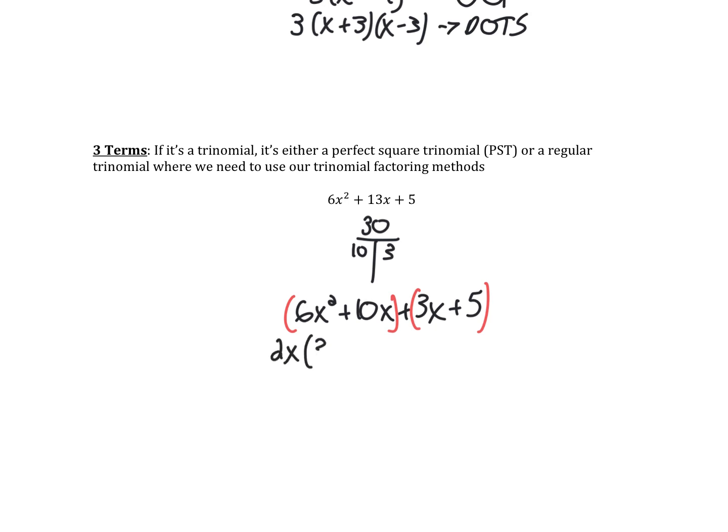That leaves me with 3x plus 5. What can you factor out of 3x plus 5? Well, you can factor out a 1. And that leaves me with 3x plus 5. Which, if I then factor that, leaves me with 2x plus 1 and 3x plus 5, right? So that was our factoring when we had three terms.